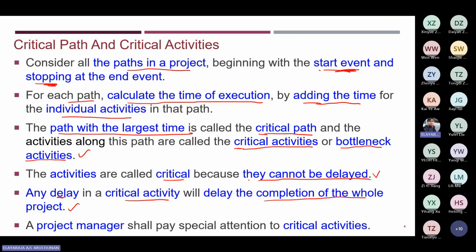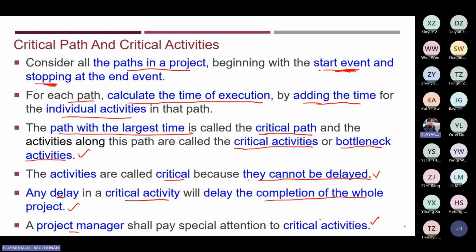All right. It is also good for a project manager to pay special attention to the critical activities, and make sure they are done on time. So say, for example, you are the manager of a certain project or task that you carry out, you need to pay attention to the most difficult activities in the entire project.